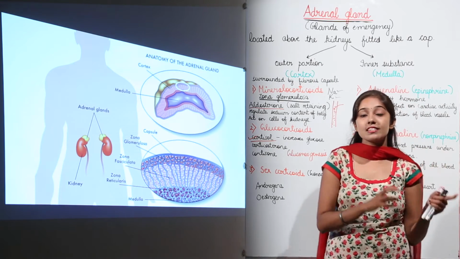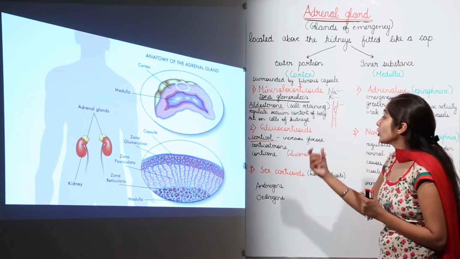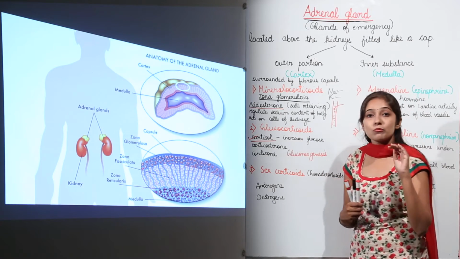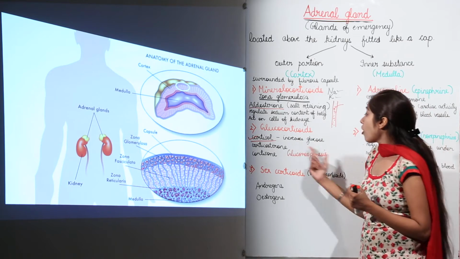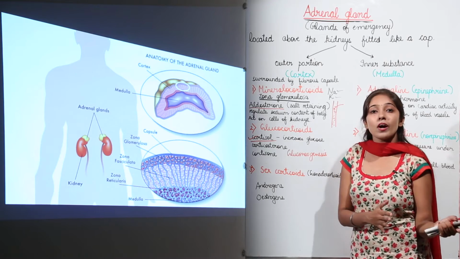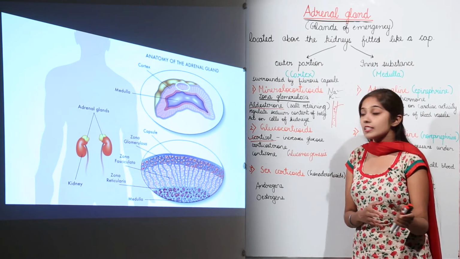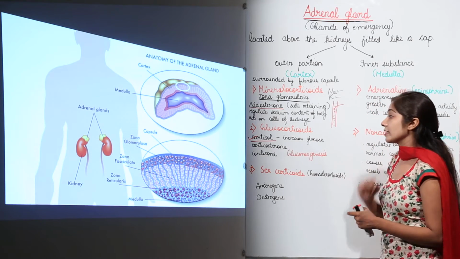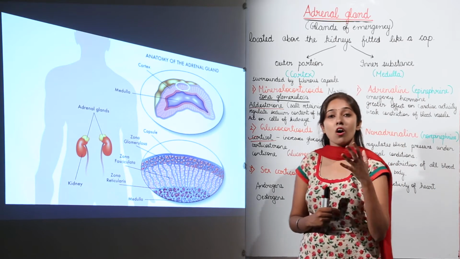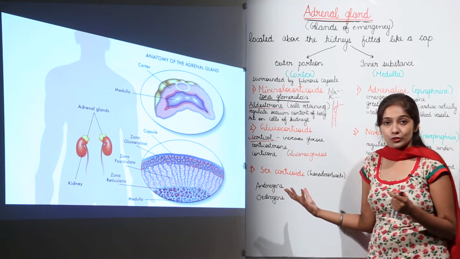Example is proteins and fats. So, the glucocorticoids are going to stimulate the liver to form glucose from non-carbohydrate sources by the process that we call gluconeogenesis.